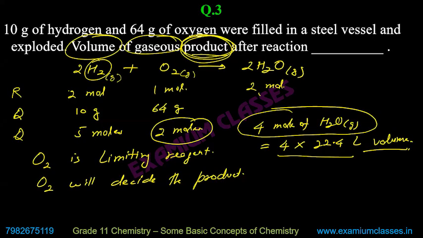Actually, what I did was that 32 gram of O2 produces 36 gram of water, and then I did 36 by 32 into 64. That is again correct, that is not a problem, because you will convert that mass to moles afterwards. You will get the mass of steam, convert that mass to moles, and then moles to volume.